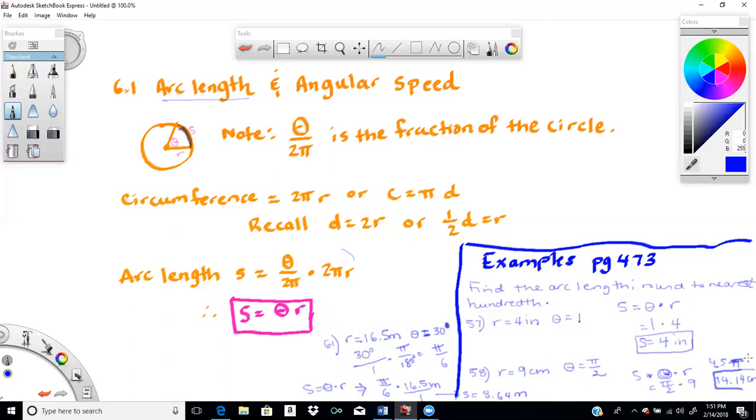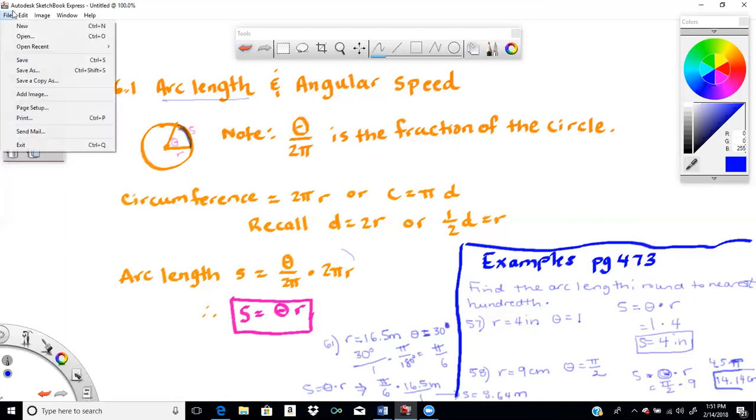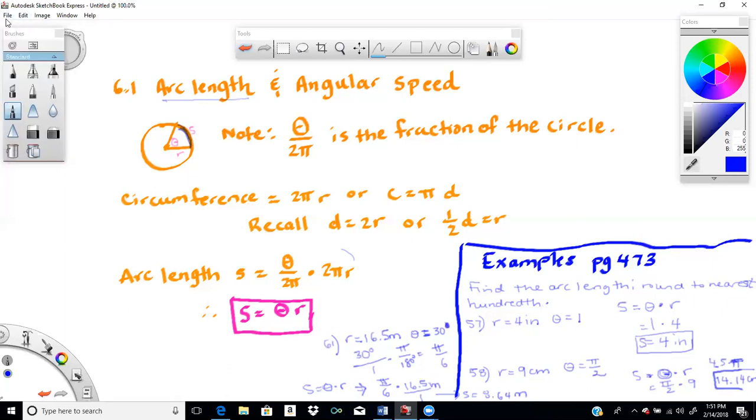So now let's do another page, and we're going to go to the angular speed as well as the linear speed. Let me save this.